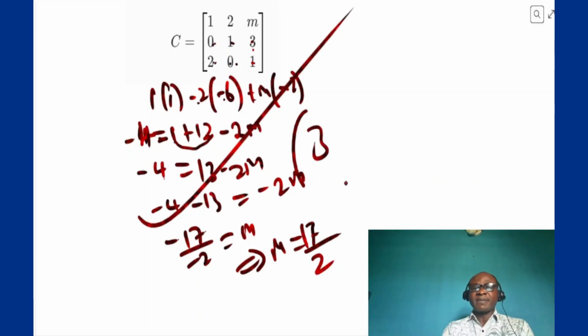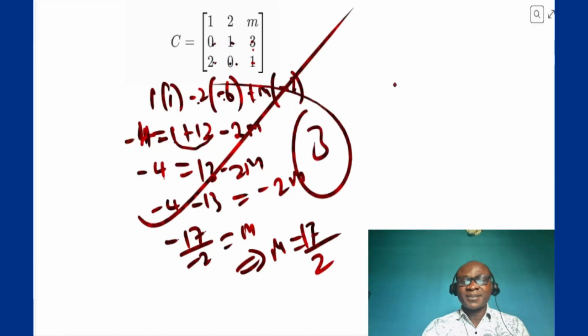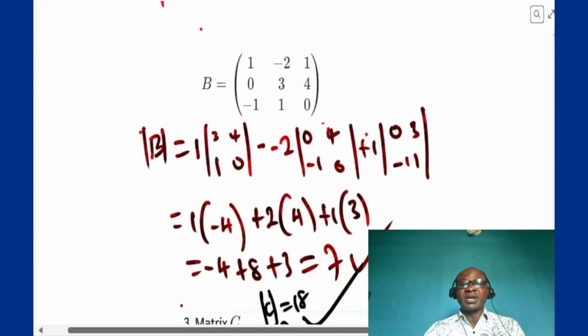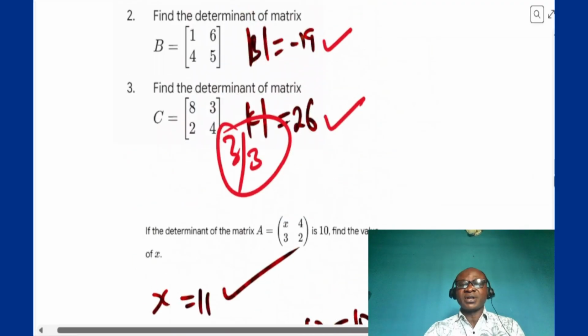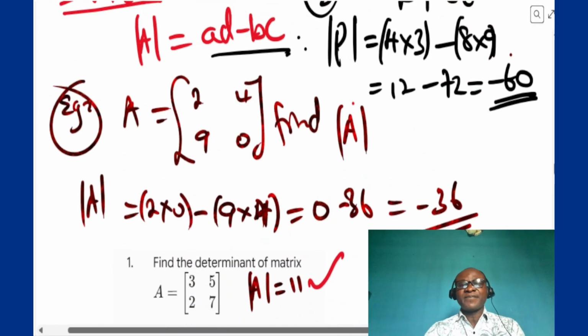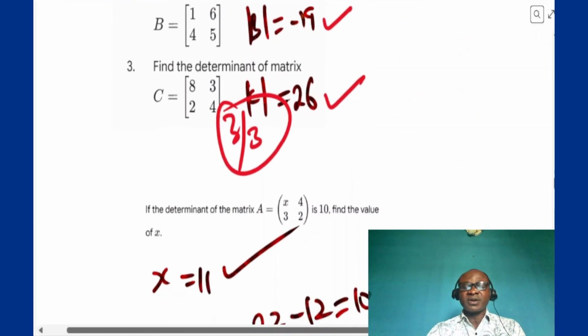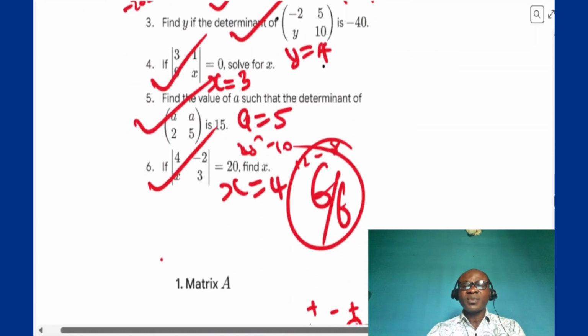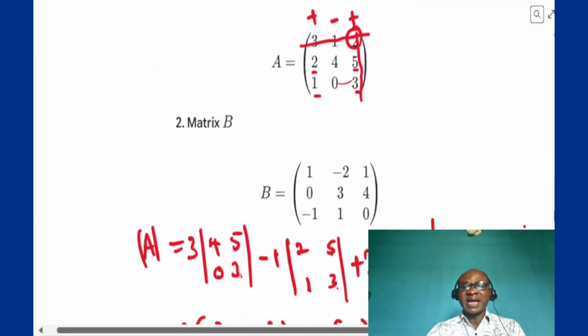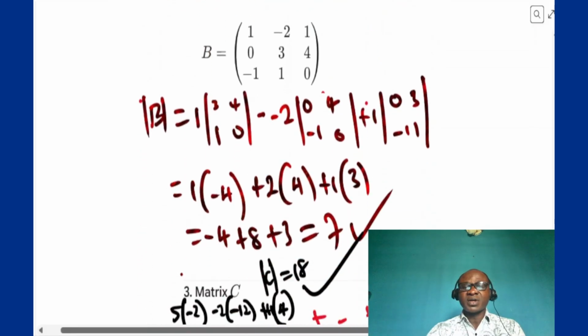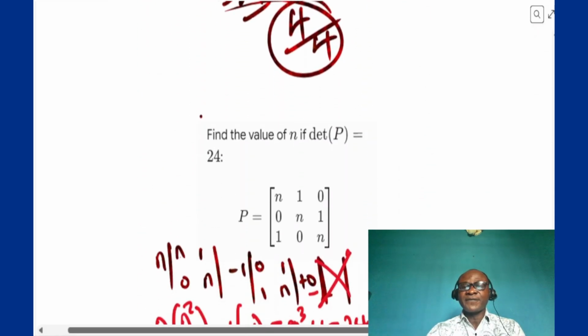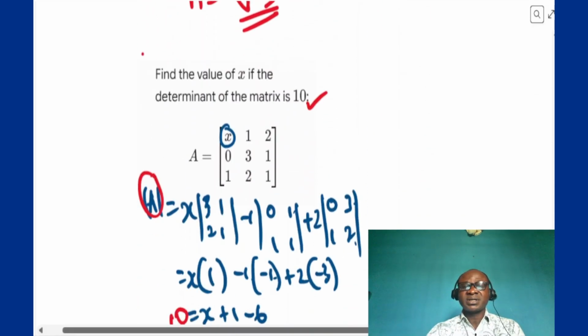Give yourself 3 marks there. Beautiful. Today, I think that was the one you got 3 out of 3. Yeah, we started from determinant of matrix. So 3/3 plus 6/6, that is 9, plus 4/4, that is 13.